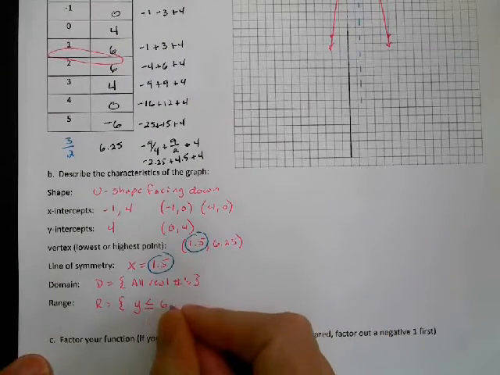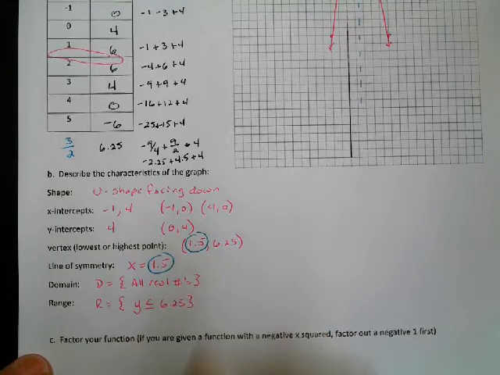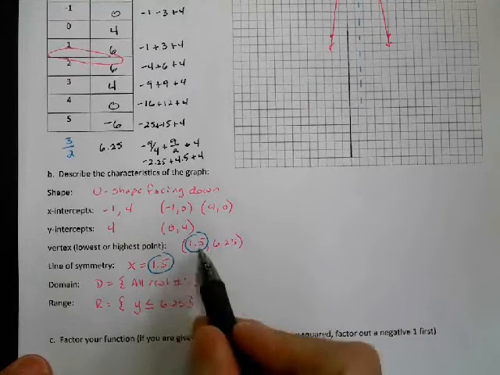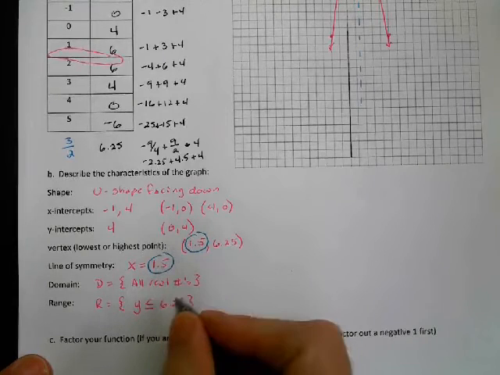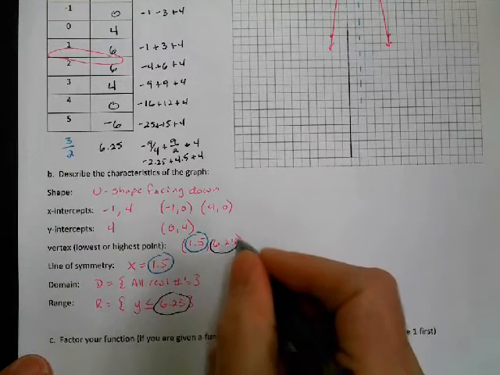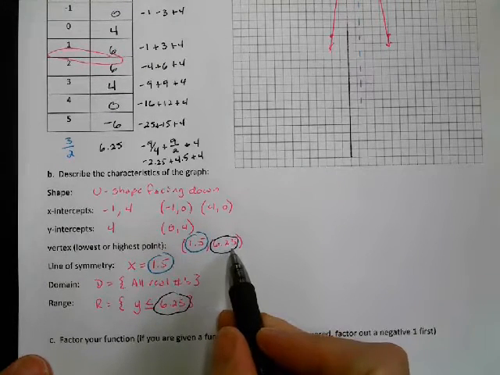So I can see here that if this on my vertex was my same number as my line of symmetry, I notice that this number is the other part of the vertex. So our range is, in this case, the highest point. It's the number that we're going to use in our range right there.